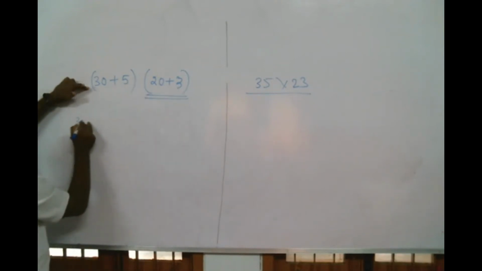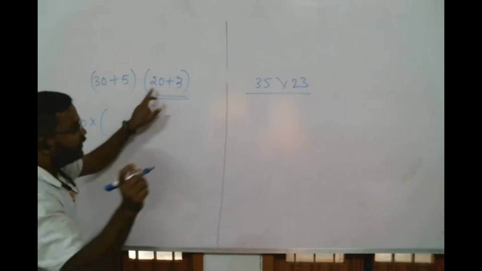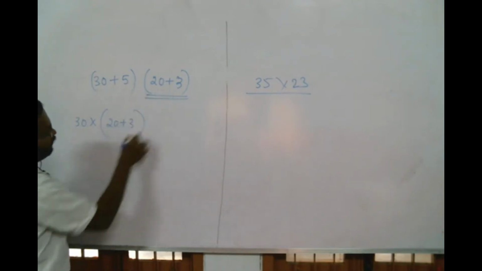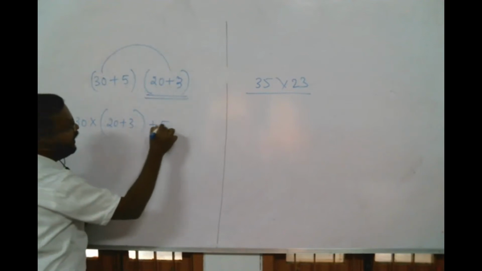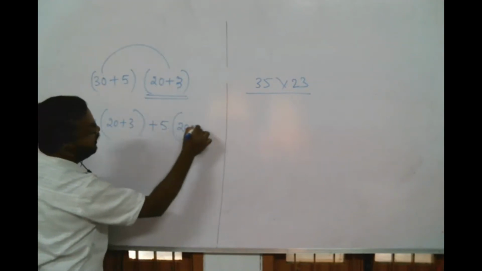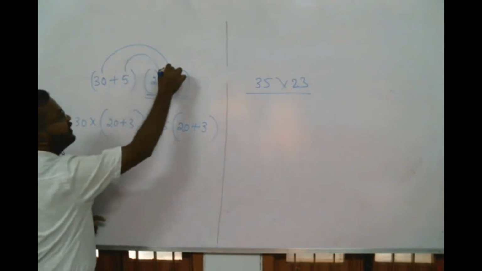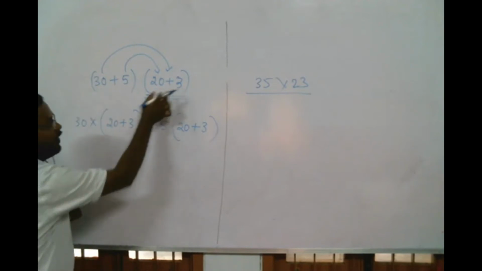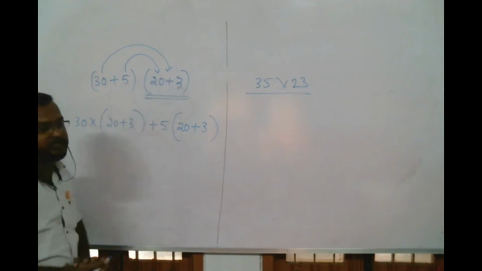So 30 we are multiplying with this complete term because we take it as one term. So 30 we are multiplying with 20 plus 3, and plus 5 we are multiplying with 20 plus 3.